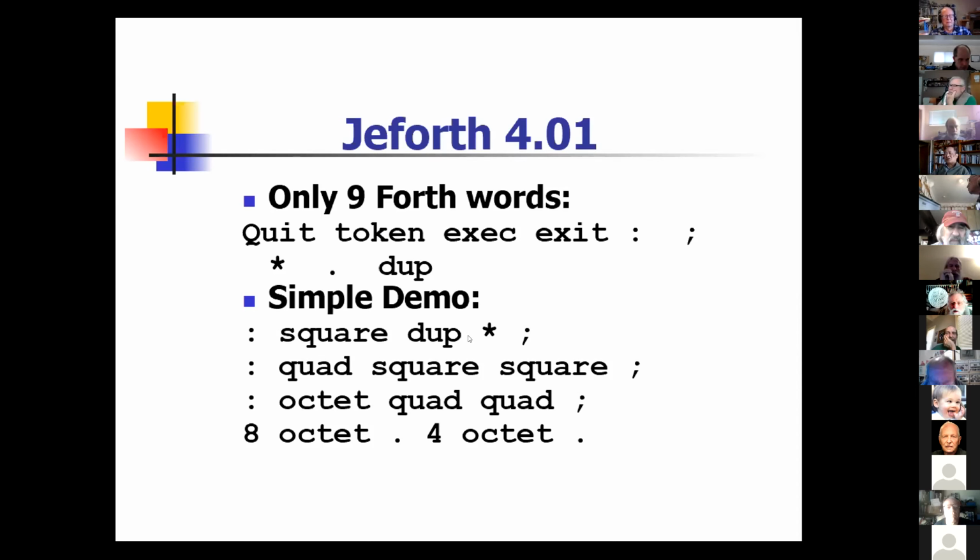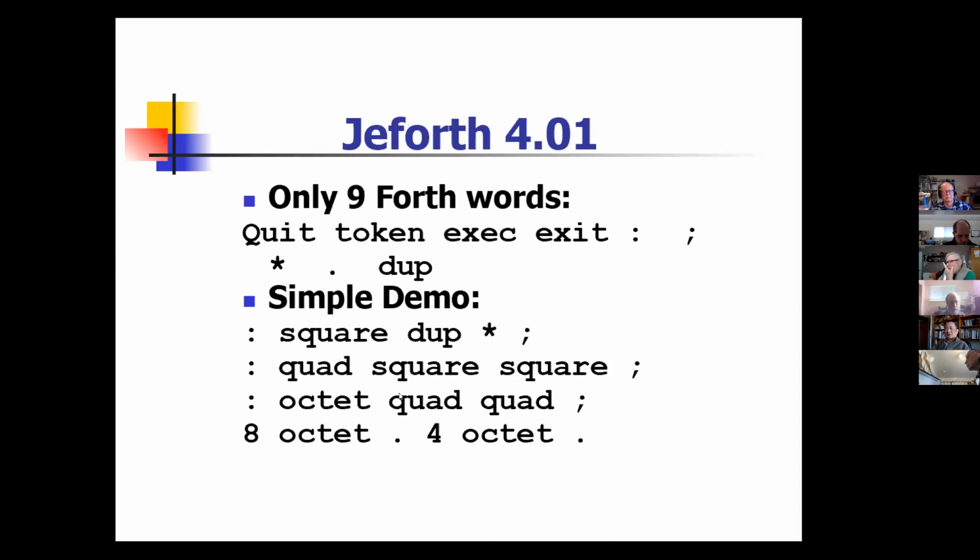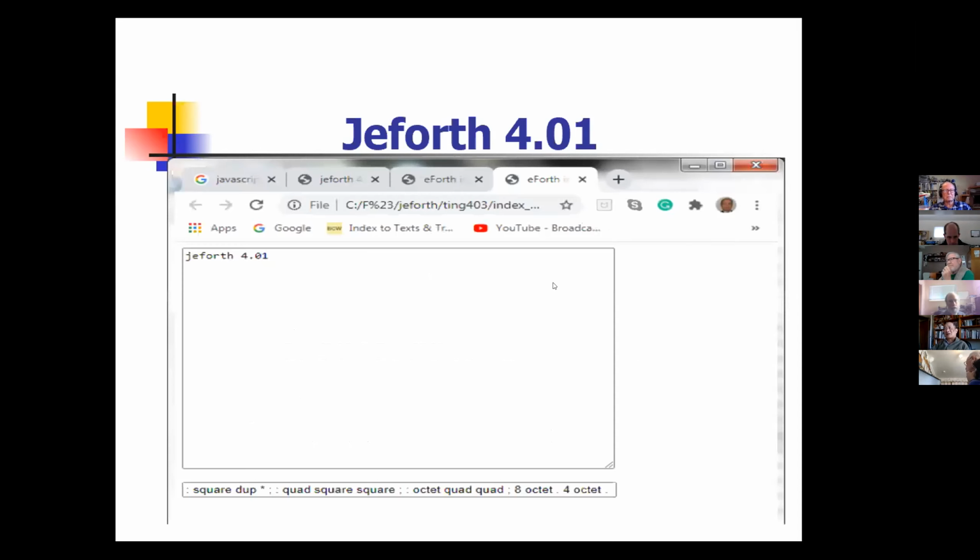Square is dupe multiply, quad is square square, octo is quad quad. And when you run the demo, 8 octo dot and 4 octo dot doesn't do much, but it gives you a really big number, and I think that's pretty impressive.